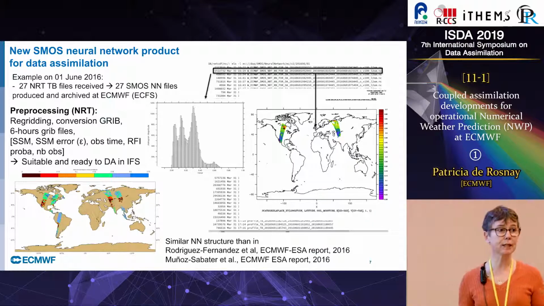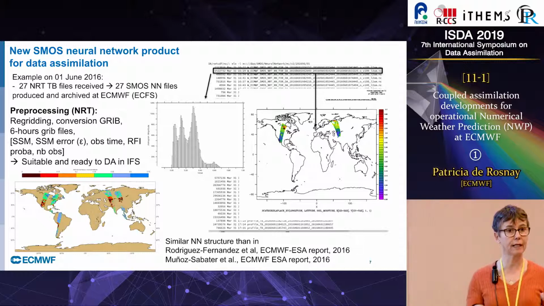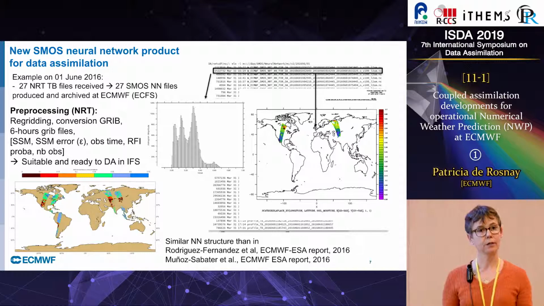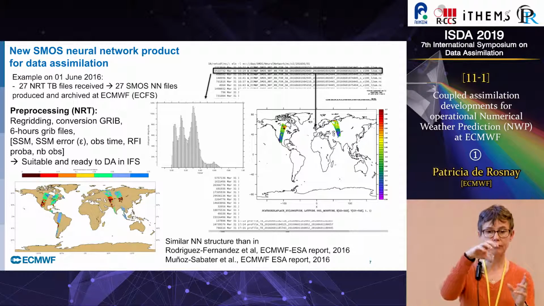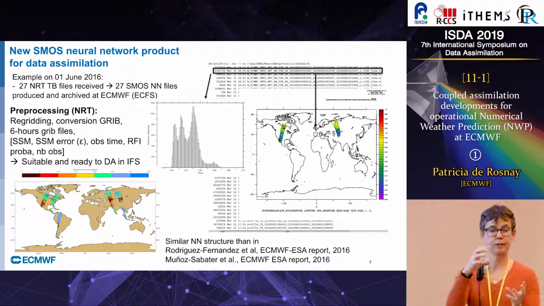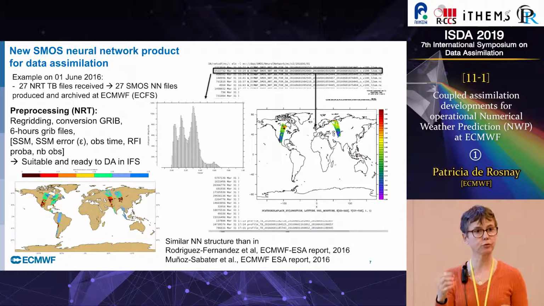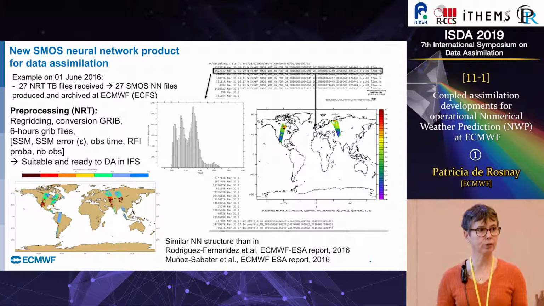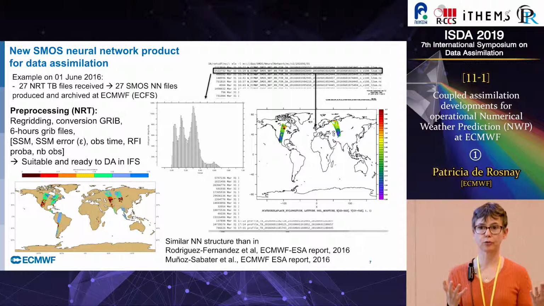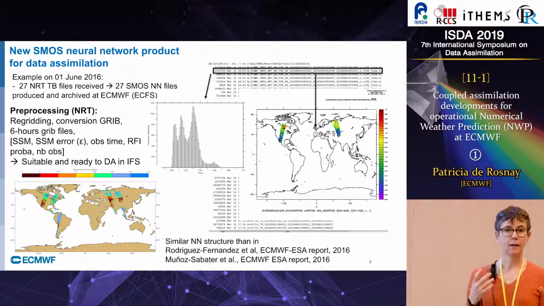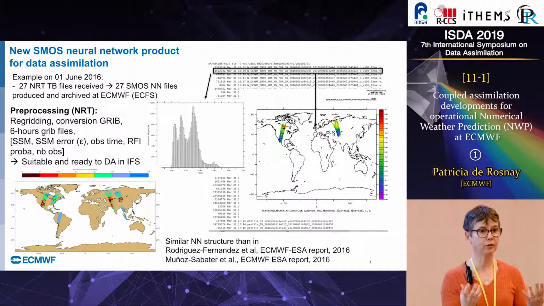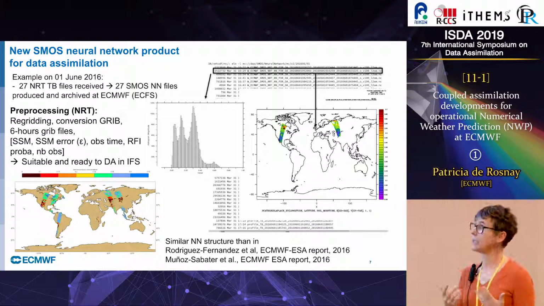So we receive in real time SMOS brightness temperature. It's an L-band sensor, 21 centimeter wavelength. And every half an hour, when we have a little piece of orbit, we automatically process it to retrieve soil moisture. And the neural network was trained using the SMOS brightness temperature and the ECMWF soil moisture, so that it has mapped the relation between brightness temperature and corresponding soil moisture in our system. So it's implicitly bias corrected.